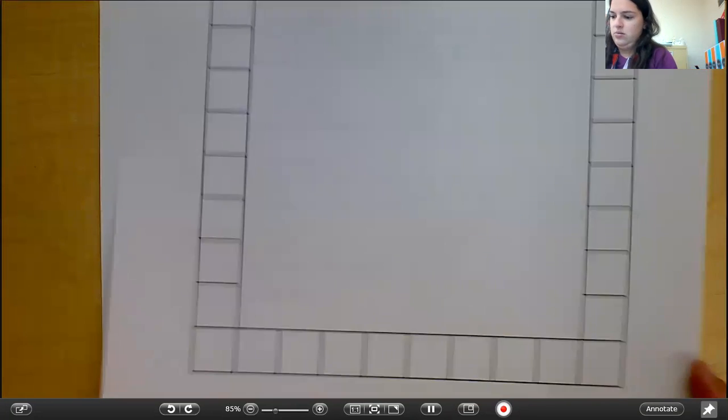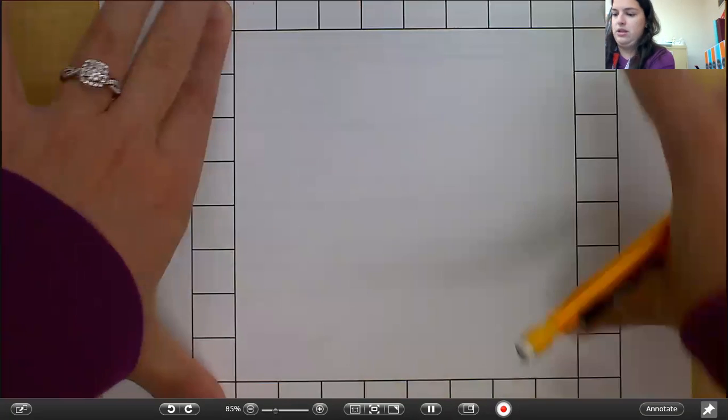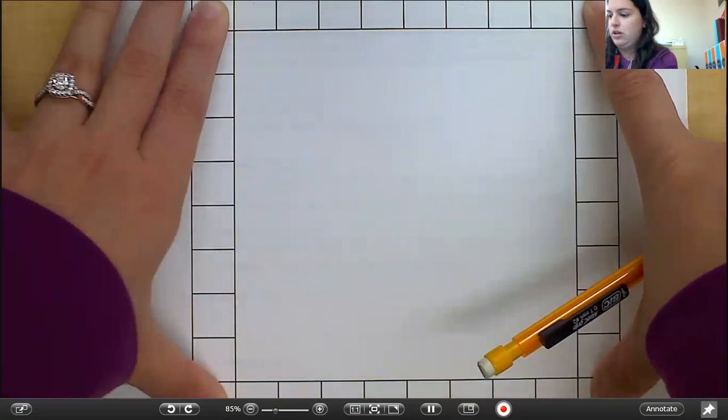So she added top and bottom, which were 10 and 10. And so now this corner, this corner, this corner, and this corner are all counted. So the two sides only have 8 tiles on each of them.